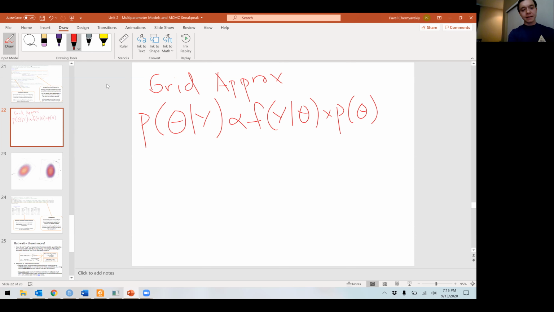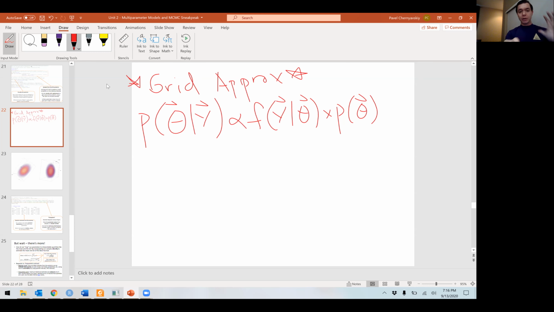It actually doesn't matter if these are vectors as well. This formula does not change. The grid approximation approach says that we're going to use raw computing. Somebody has made precisely the comment that Bayesian statistics became popular only because of the proliferation of cheap computing power. Now we all have what in the 90s would be considered a quality scientific workstation, probably that much computing power on our phones, let alone our laptops.